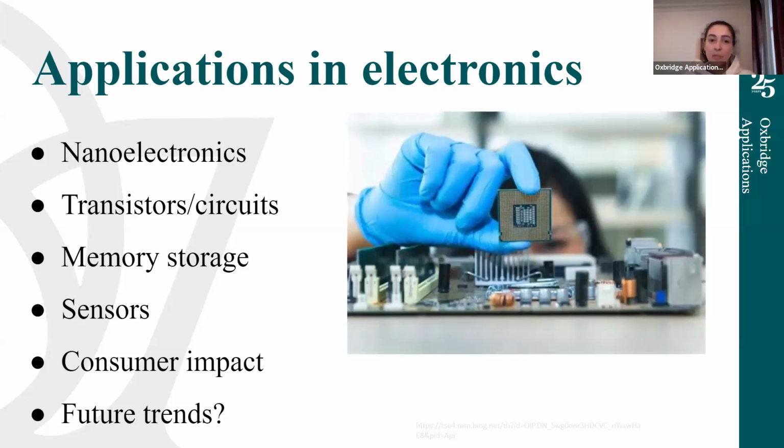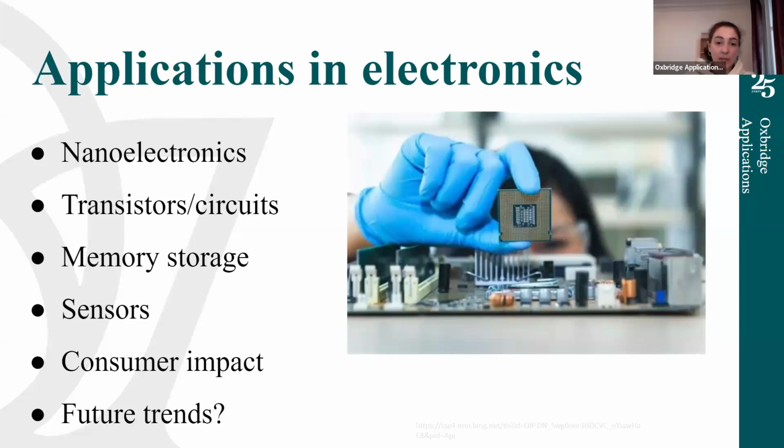Firstly, we have the example of transistors and integrated circuits. Transistors are the building blocks of modern electronic devices, and nanotechnology allows us to make them incredibly small. For example, silicon nanowires and carbon nanotubes are being explored to create transistors that are just a few nanometers wide, and this can lead to faster and more powerful processors.